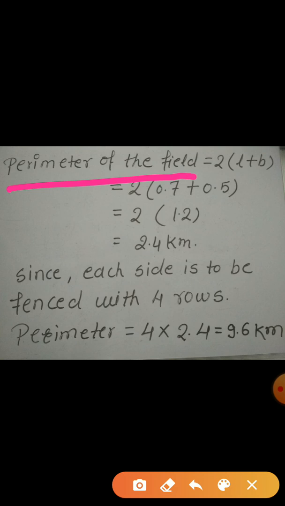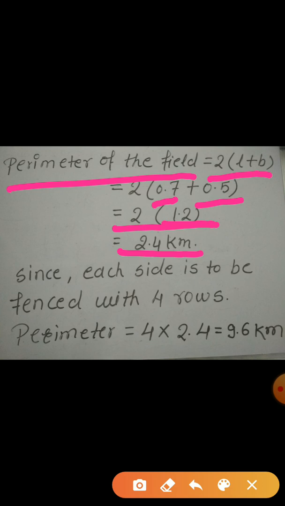Again length and breadth are given to you, so we can use the formula 2 times (length plus breadth). Now length is 0.7 km and breadth is 0.5 km. So I have substituted the values in place of length and breadth. Now 0.7 plus 0.5 comes 1.2, and 2 times 1.2 is 2.4 km. So the perimeter of the land is 2.4 km.